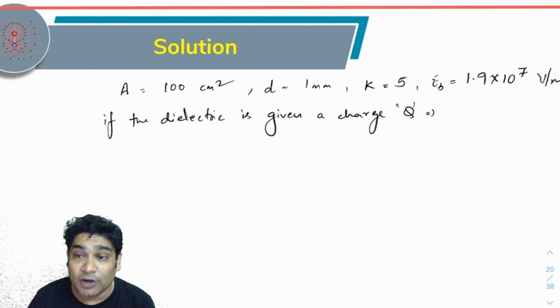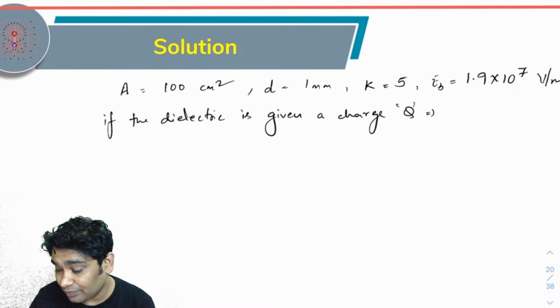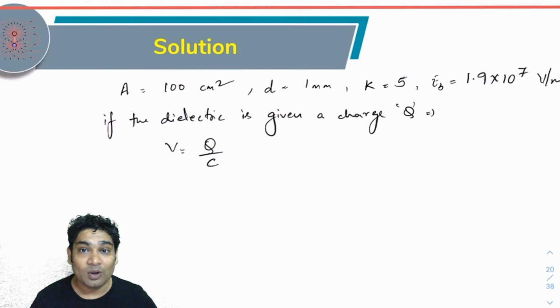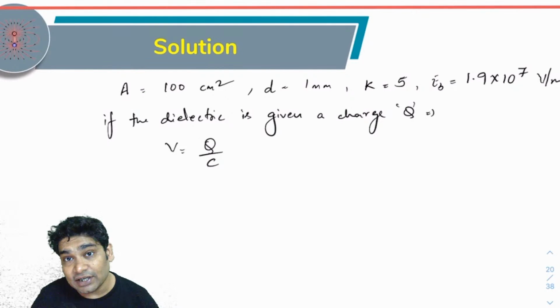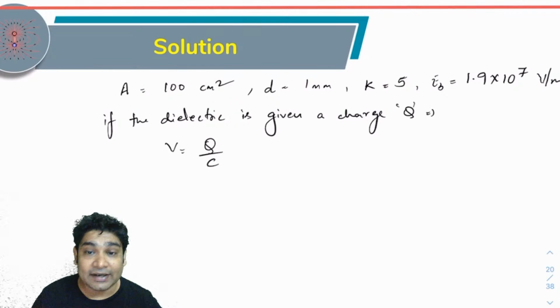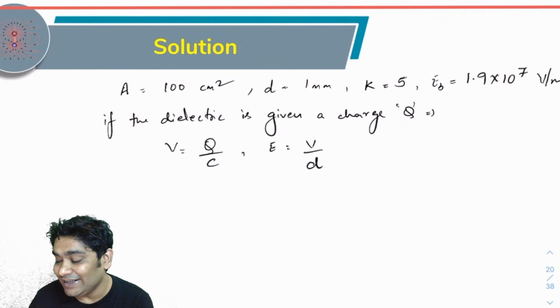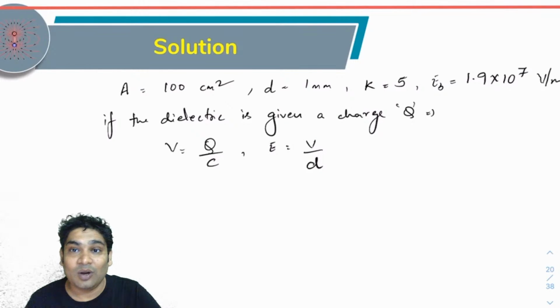Now you will realize that the potential difference across the plates would be V equals Q over C. Alright. And if the potential difference is this, then the electric field would be V over d. Alright. I hope you remember this.